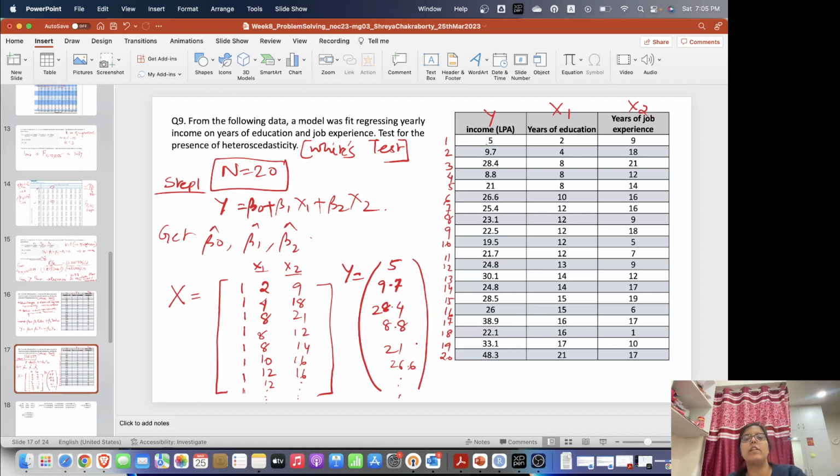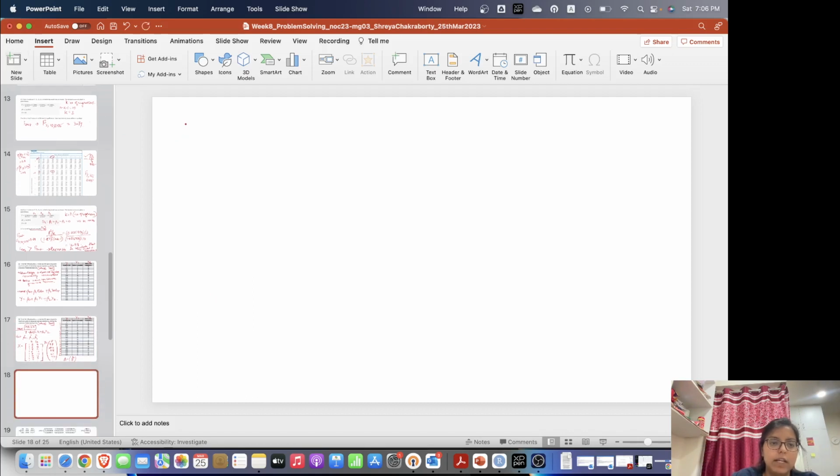Once I have written this x and y in matrix and vector form, I will also write beta as beta naught, beta 1, beta 2 in this format. So once I have written my entire data in this format, I am going to apply the OLS estimate.